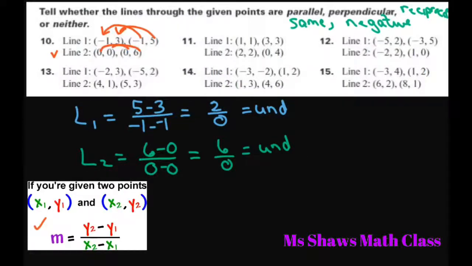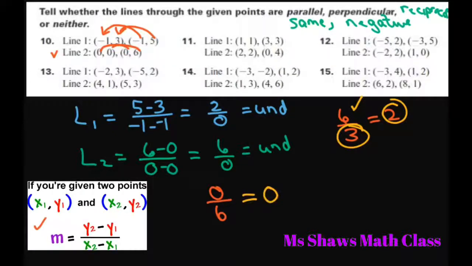And real quick, I want to explain the undefined part. So if I had 6 divided by 3, that equals 2, because 2 times 3 is 6. So 0 divided by 6 is 0, because 0 times 6 is 0.